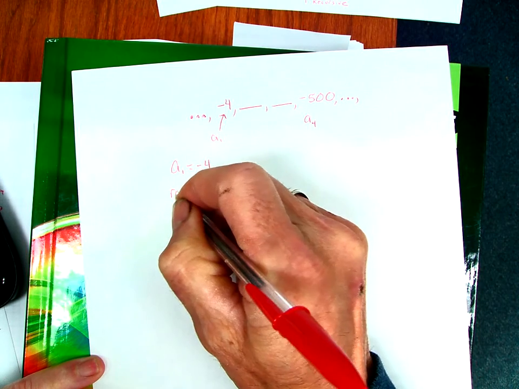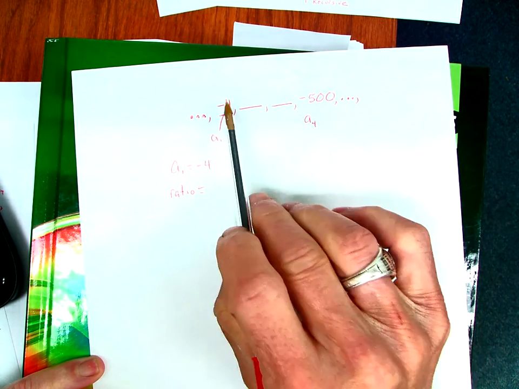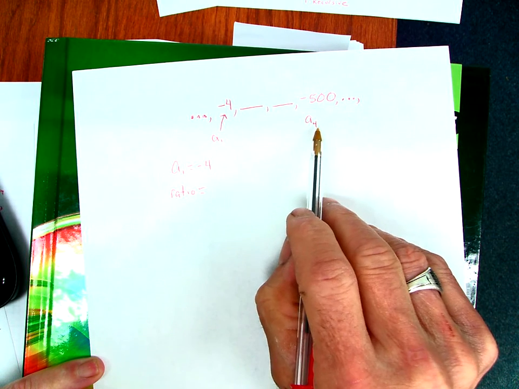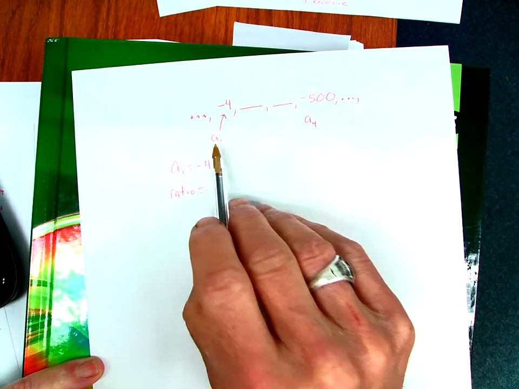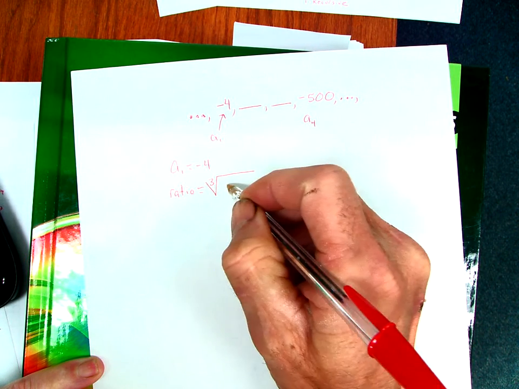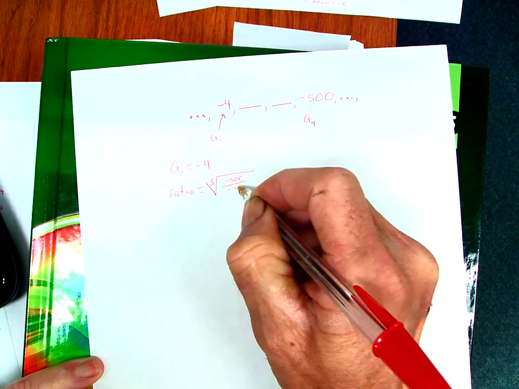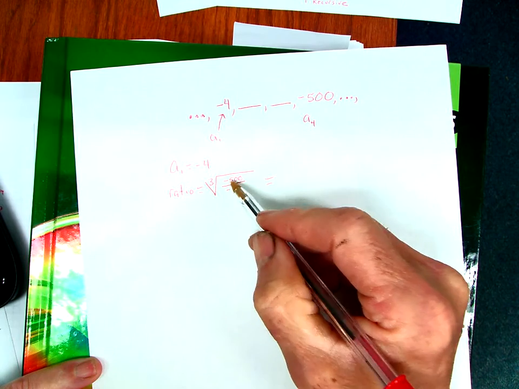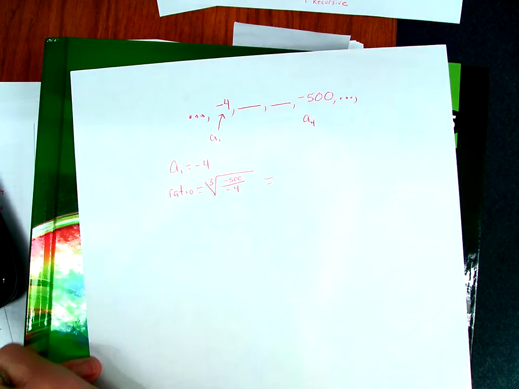Now my ratio is going to be this divided by this, but I'm going to take the root of it, and the power of the root will be this number minus this number. 4 minus 1 is 3, so the third root of -500 divided by -4 equals. Well, automatically this turns into a positive. A negative divided by a negative is a positive.